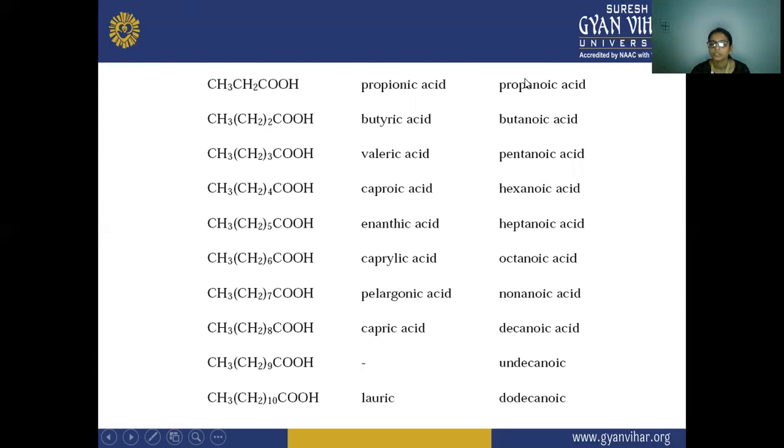The three carbon atoms give propane, and from propane the E is replaced and oic acid is added. That is why its name is propanoic acid.